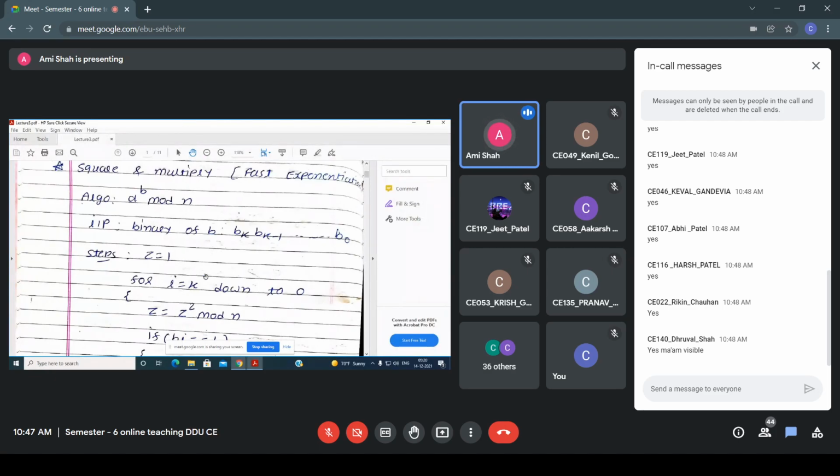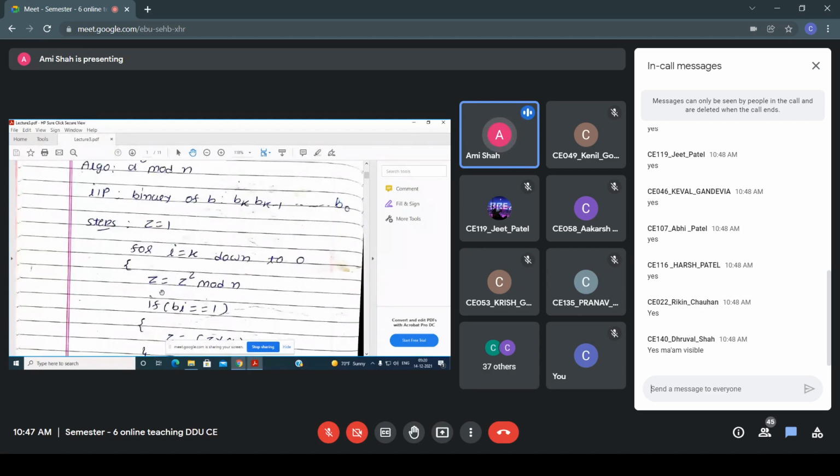Now i equals k, meaning whatever the bit position is there. From this position, one by one you take the different bits towards 0. Suppose b is 100, so here you get some binary value, and one by one you take all the bits and repeat the for loop.